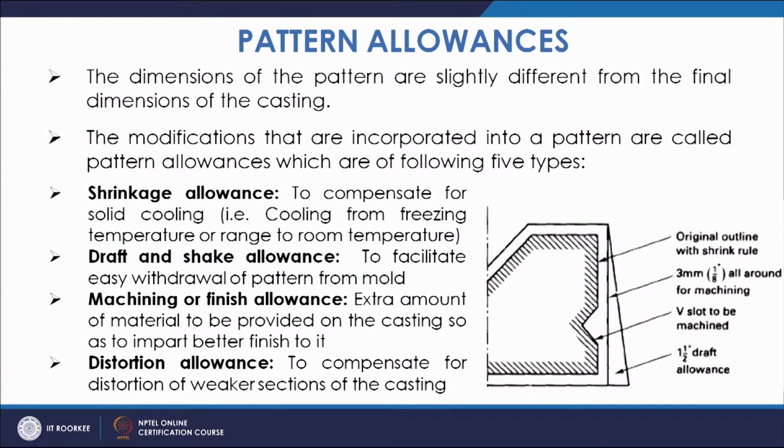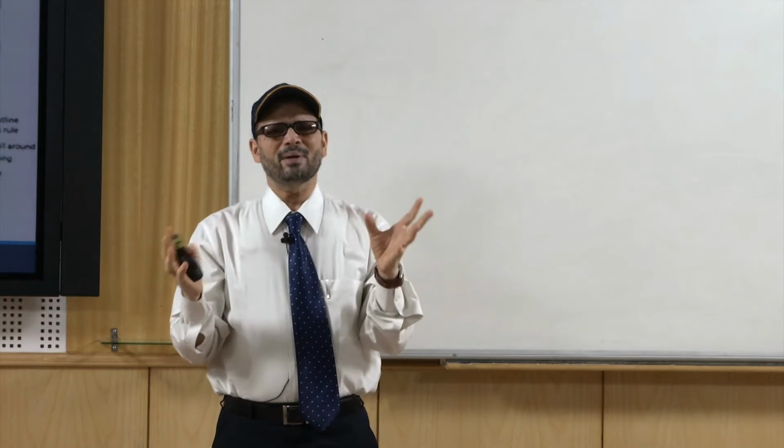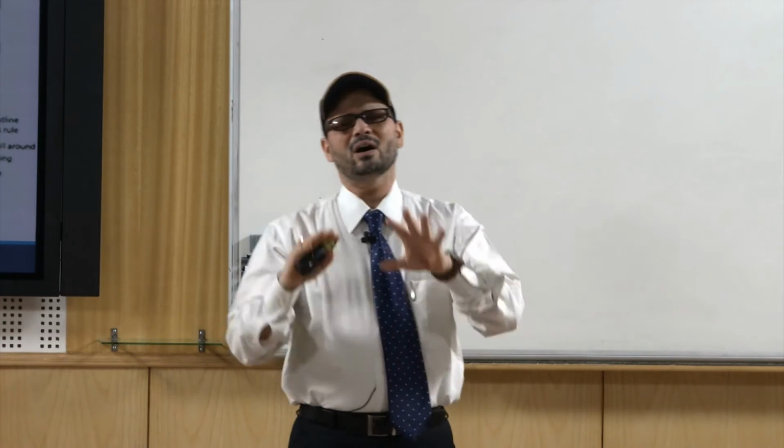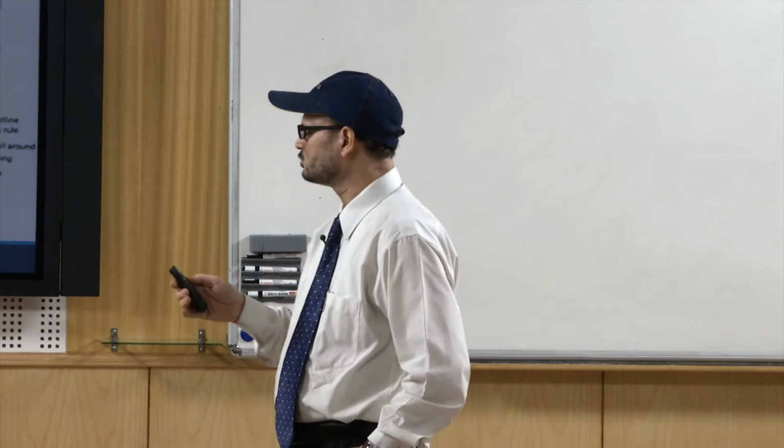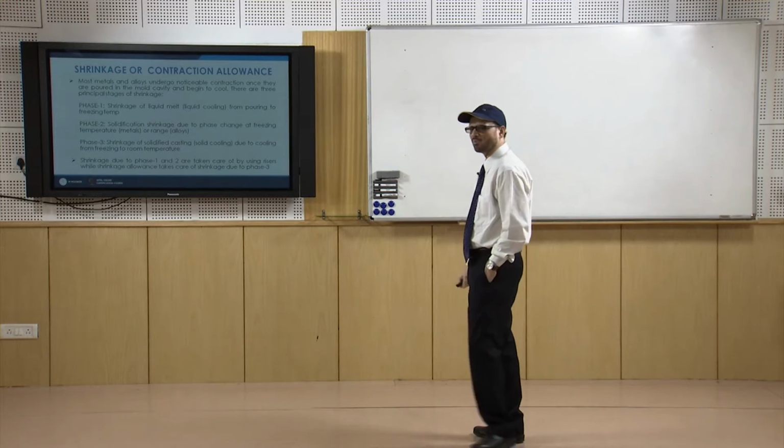Machining or finish allowance is given so that an adequate surface finish can be obtained on the casting surface. Distortion allowance is for cases when the casting has structures which may bend or distort under the casting conditions. In those cases some allowances are provided. So, we will discuss them one by one.